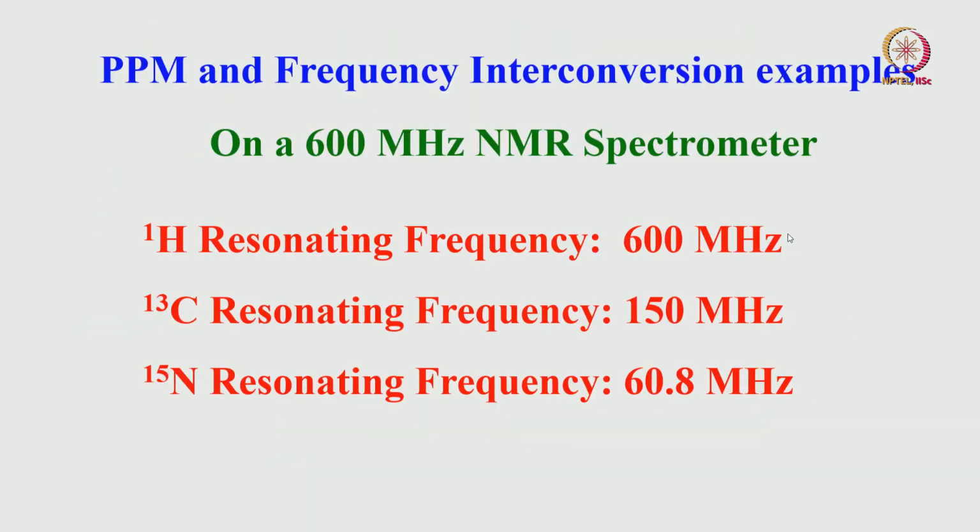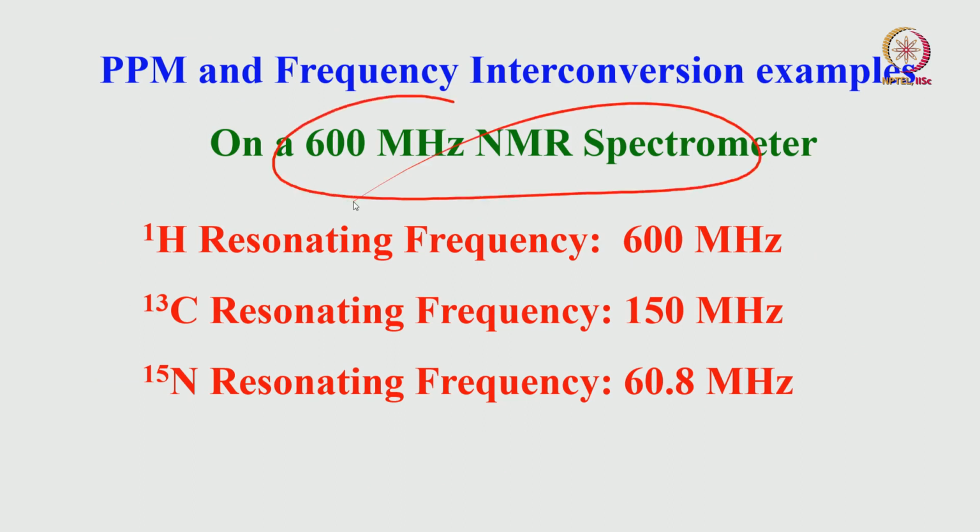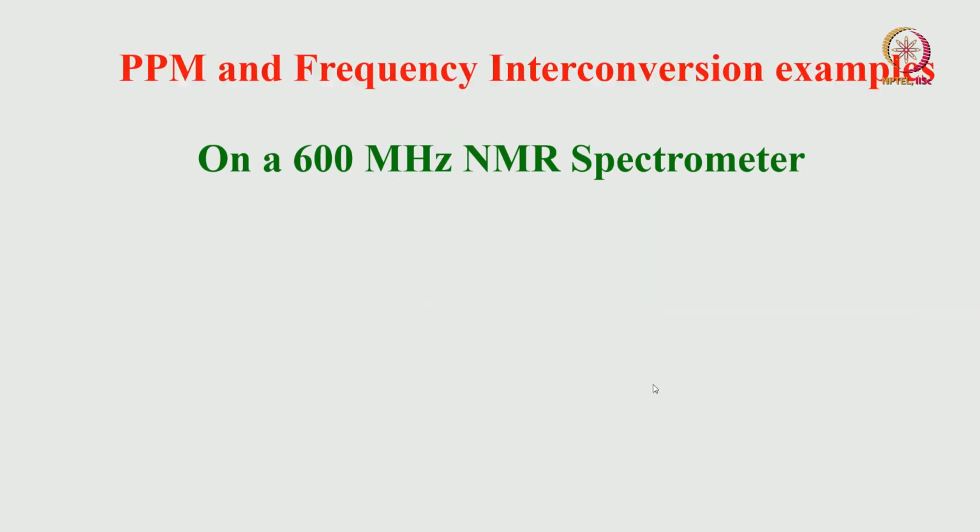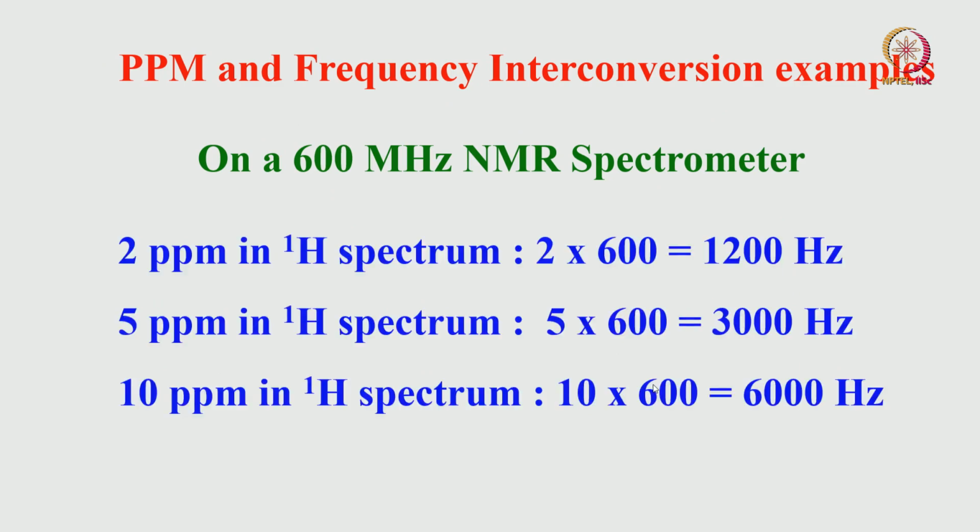Let us now take a few examples of interconversion. In a 600 megahertz NMR spectrometer, as I already told you, proton comes at 600, carbon 13 comes at 150, nitrogen comes at 60. We will now convert between ppm and frequency. In a 600 megahertz spectrometer, 2 ppm corresponds to 1200 hertz.